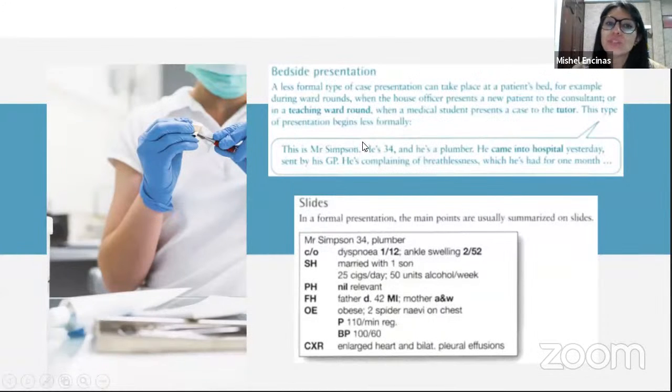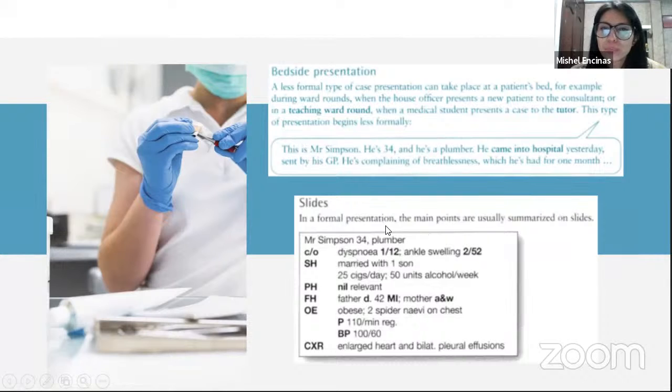This type of presentation begins less formally, right? And we have an example. This is Mr. Simpson. He is 34 and he's a plumber. He came into hospital yesterday, sent by his GP. He's complaining of breathlessness, which he's had for 1 month. Okay, that is less formal.